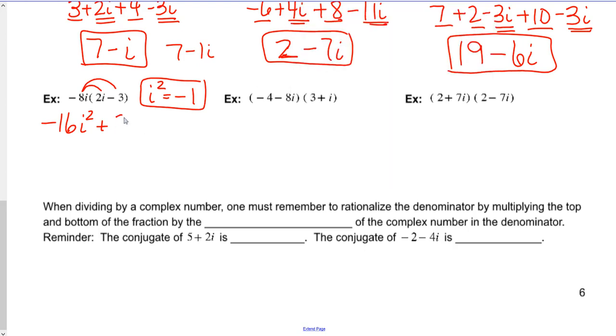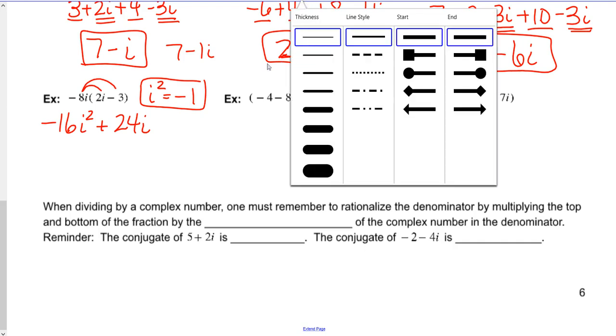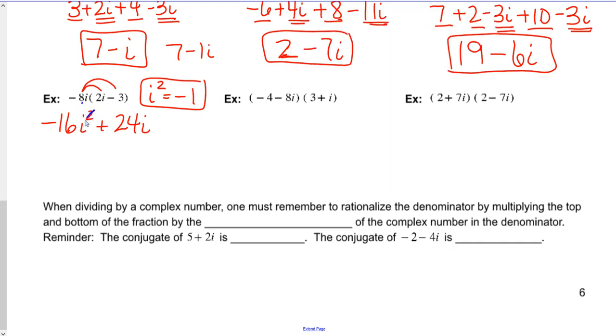All right, so 24i. Now, here's my imaginary part, but this does not give me a real part because I have this i squared going on. Now, if i squared is negative 1, that's as if I'm replacing this with a negative 1. Now, we're multiplying those two things together. So negative times a negative gives me a positive 16, and then we rewrite our 24i.